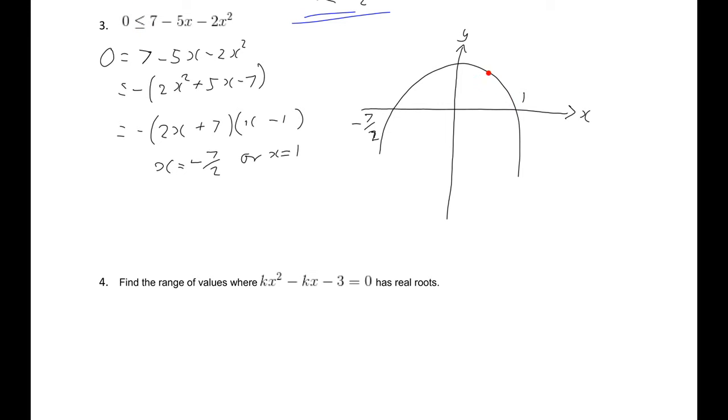So we want this region. Okay, so we know that therefore x must be smaller than or equal to 1. Got to be careful, remember, make sure those equals to's are in there. And bigger than or equal to minus 7 over 2. There we go. That's the third question done.